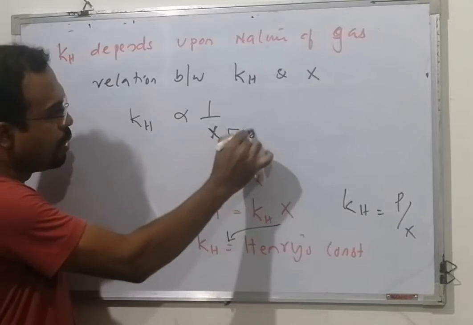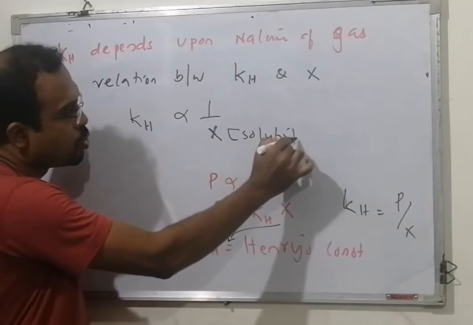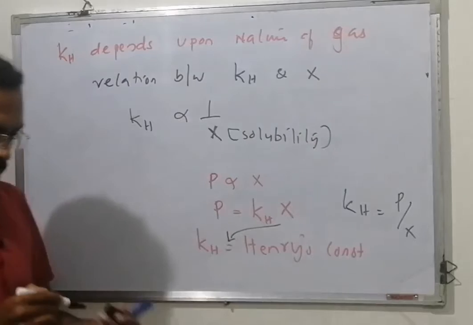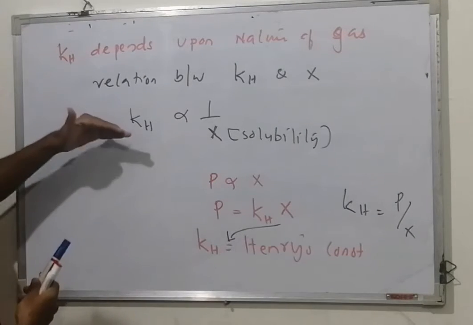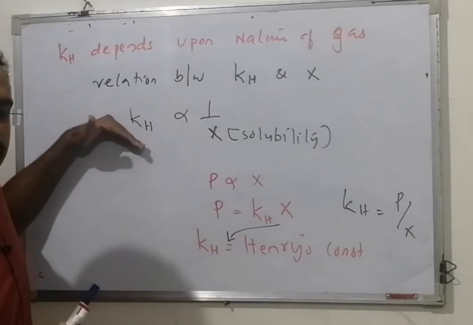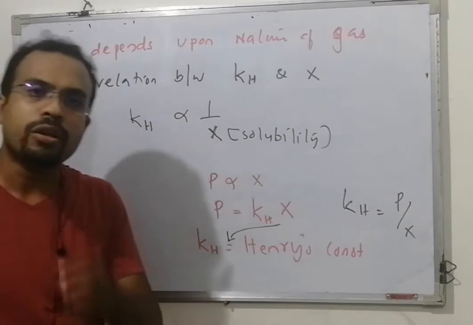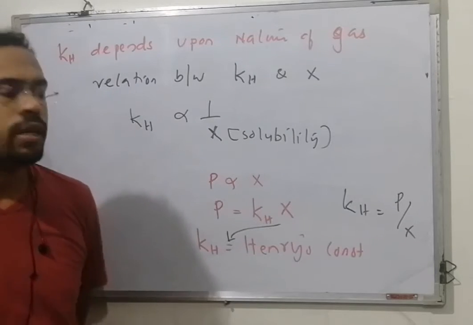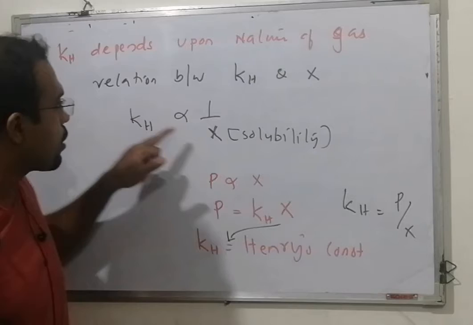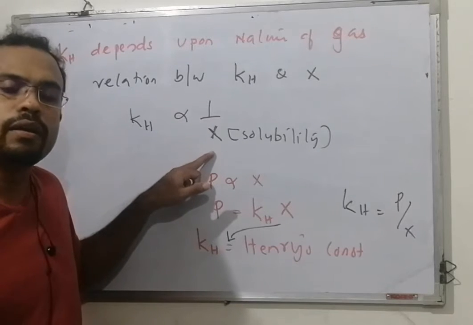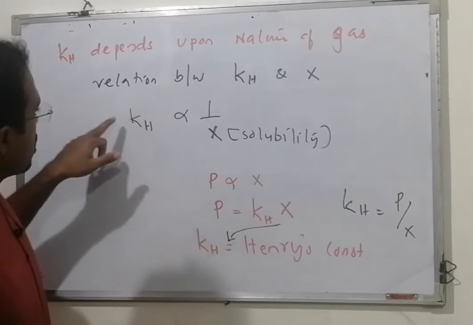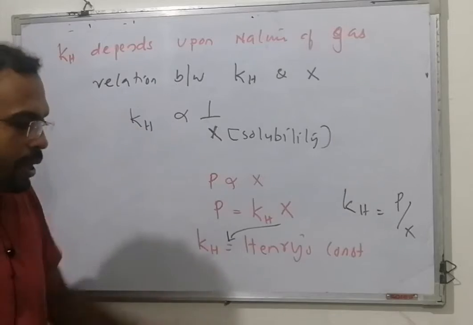This is nothing but solubility. That is, if the KH value of a gas is higher, its solubility will be lower. Very important point. If the KH value of a gas is higher, its solubility will be lower. If the KH value is lower, solubility will be higher.